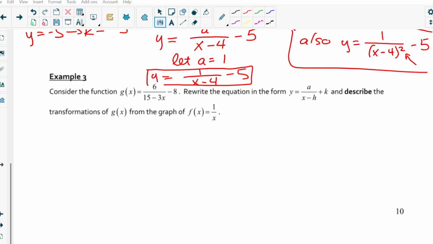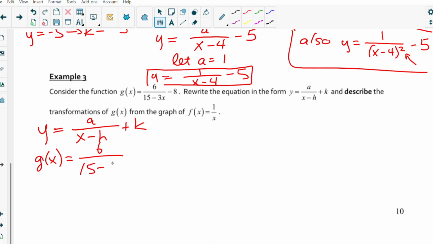So this one we need to rewrite in terms of our general form. So if I have y equals a over x minus h plus k, let's make g of x look like that form. So 6 over 15 minus 3x minus 8. Okay, so the a value looks good, but I need to do something with the denominator. The k value looks good, so I'm going to do this. Let's factor.